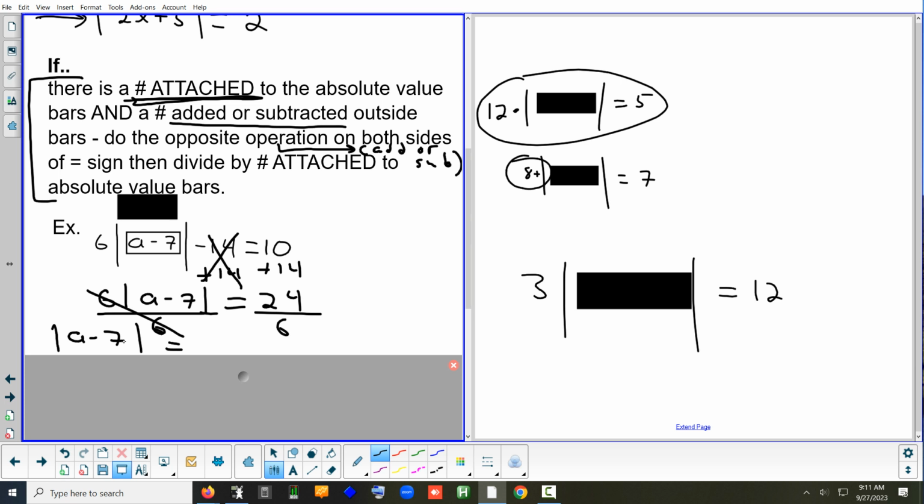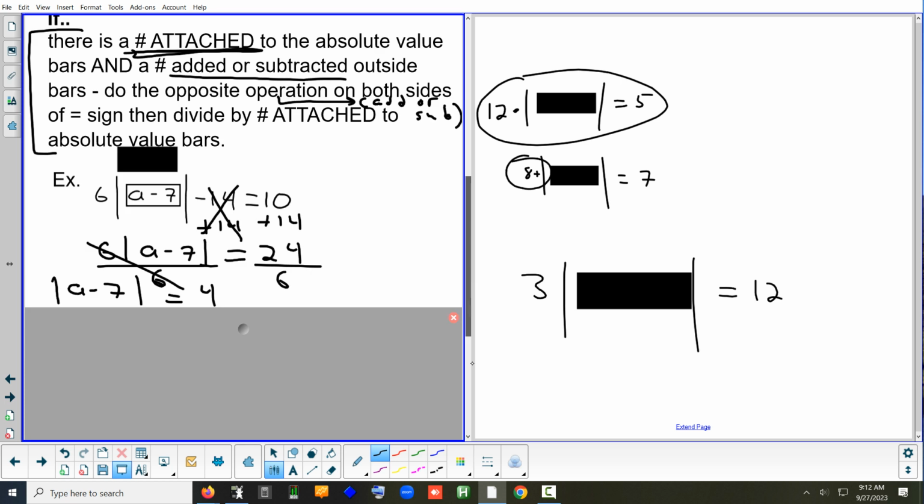And then 24 divided by 6 is 4. Now, we haven't solved it for A. We have to figure out what A is. But now we're ready to do that because we isolated the absolute value. We got it by itself. I'm going to show you what you do now.